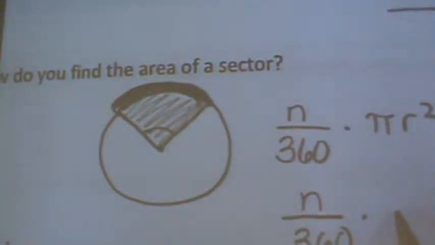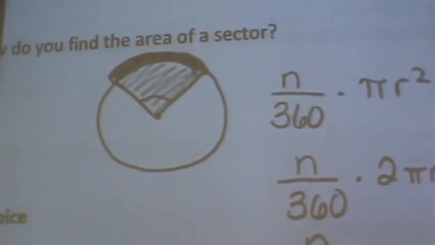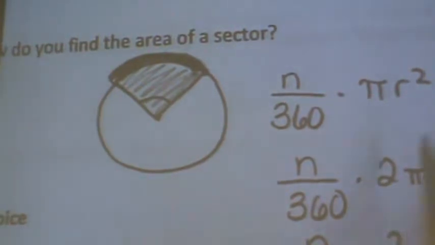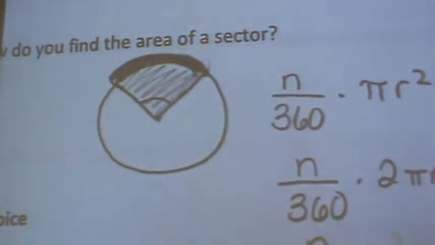How do you do the circumference of a circle? It's 2 pi r, or is there another way to write 2 pi r? Pi d. So you're talking about the length of that arc, right? Yeah, this arc length, that's why I made it darker. Pi times d.